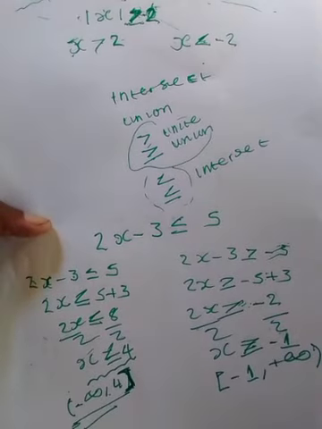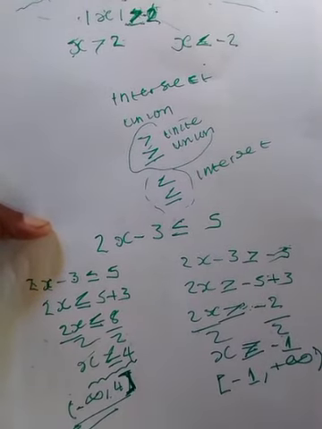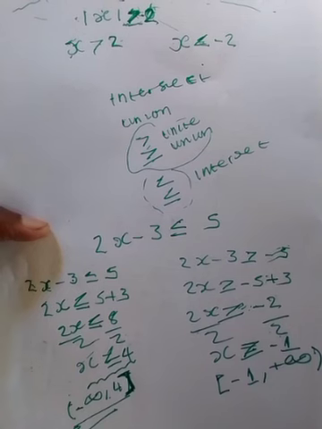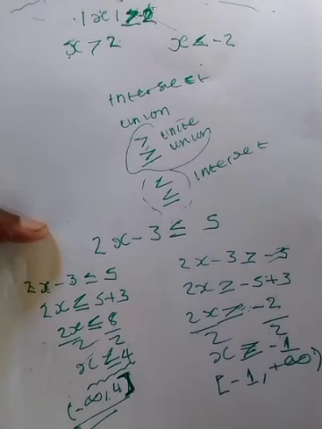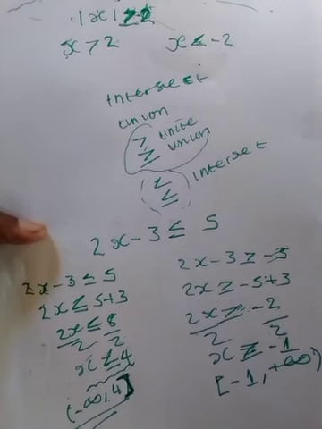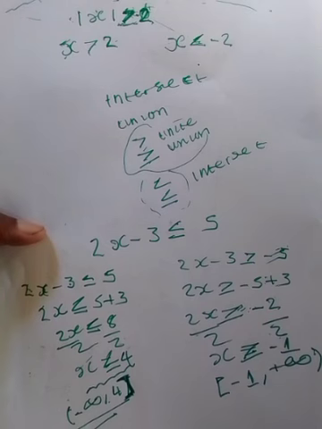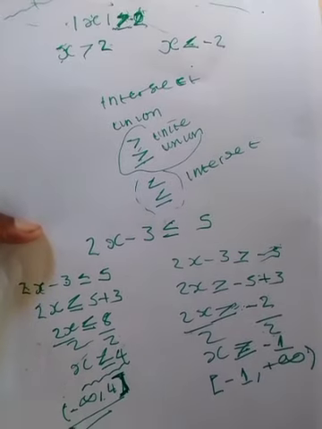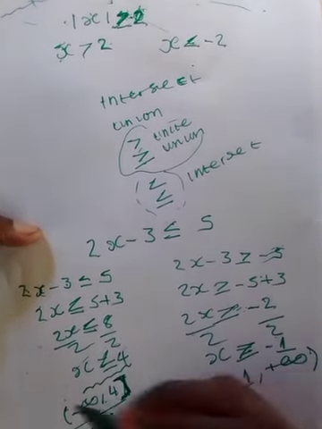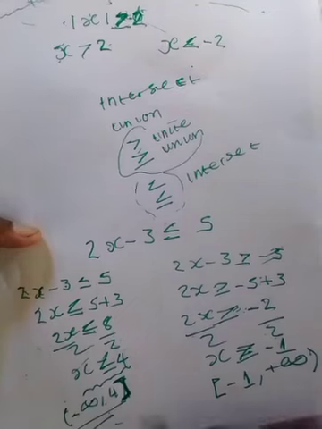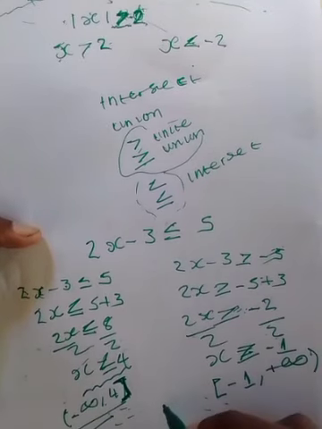Okay, so it's very important that you understand everything, the basic concepts, even now the interval notations, and how to draw the number line. Make sure that you are familiar with those concepts. Now, I have these two answers, right? These two values of x. I'm going to put them on the number line now.